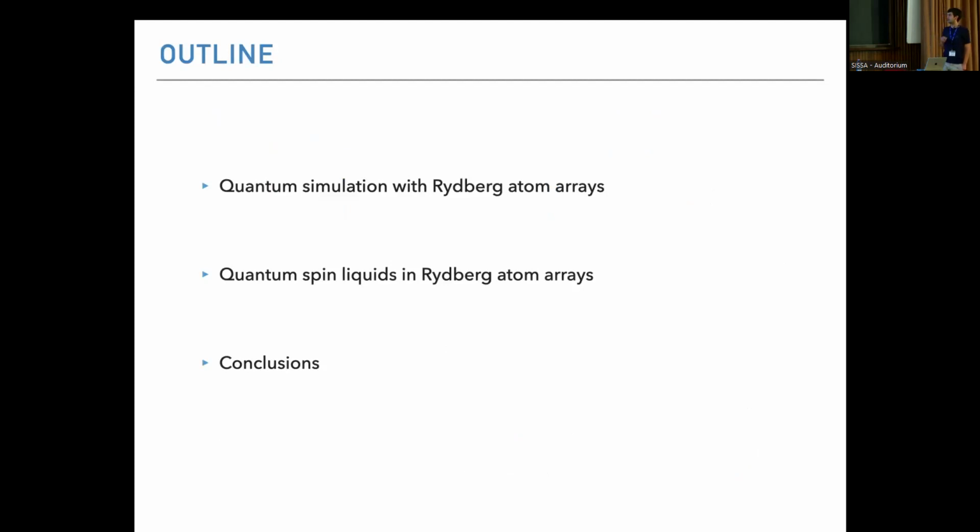I will introduce you very quickly to how to make quantum simulation with Rydberg atoms. And essentially, I will write down the Hamiltonian, which will be the subject of the rest of the talk. And then I will tell you a little bit about the most recent developments on how to realize quantum spin liquid states in this kind of systems. And hopefully I will manage to get to the end where I will discuss quickly one of my contributions to this field.